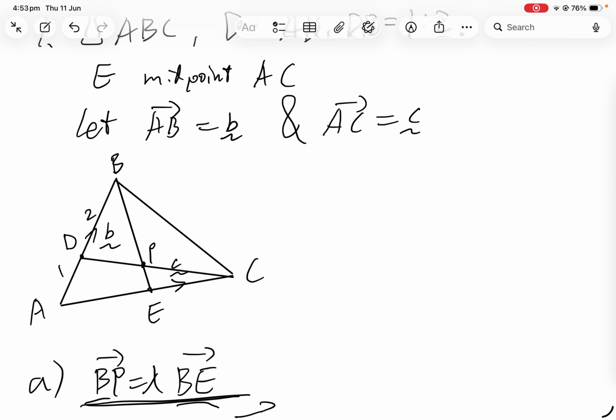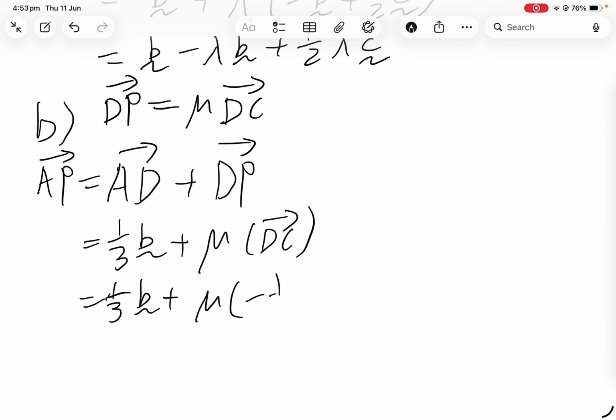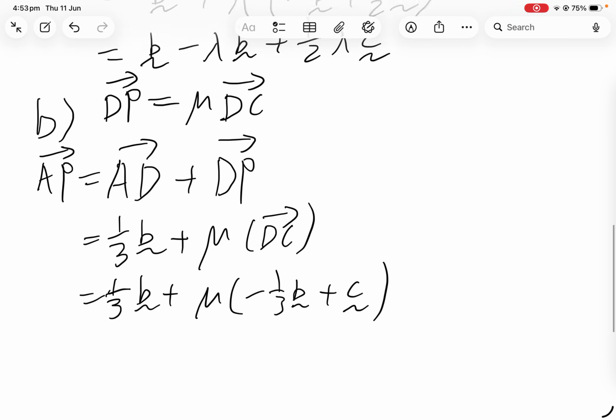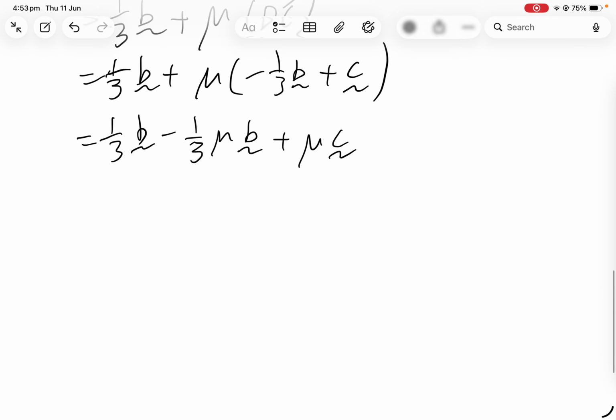DC is negative 1/3 b plus c. And we can expand it out: 1/3 b minus 1/3 mu b plus mu c. And that's it, because we can't simplify more.